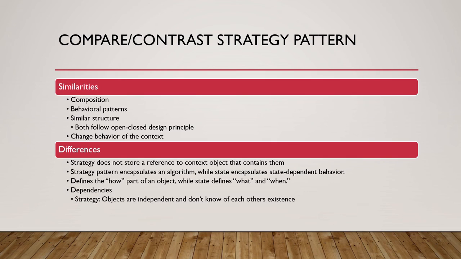But with the state, we are encapsulating what state an object is in, or what state an object is going to be in. Also, with strategy, objects are independent of each other. In other words, they don't know of each other's existence completely. And with the state pattern, we don't have these kinds of relational restrictions.